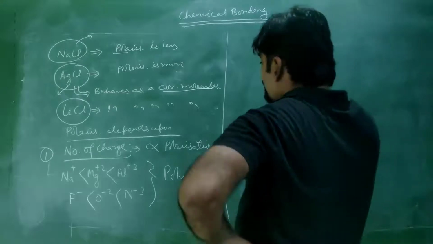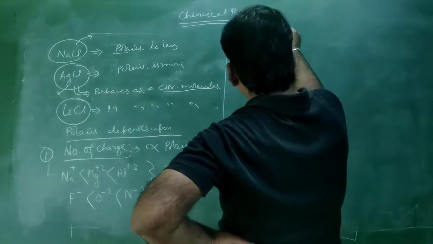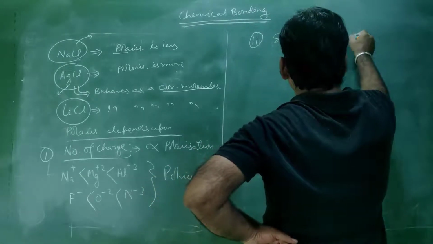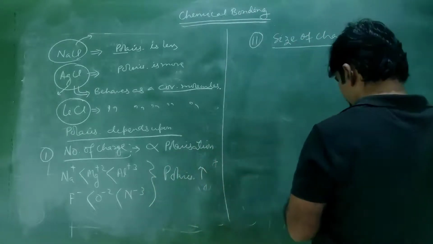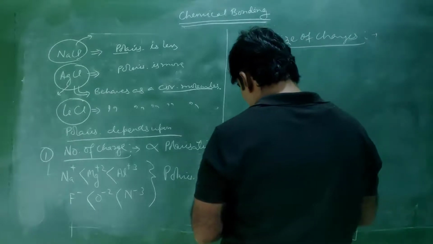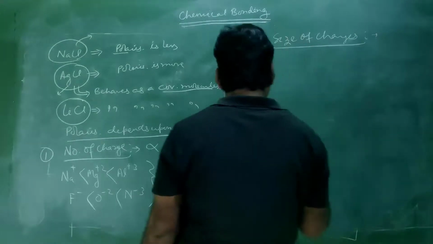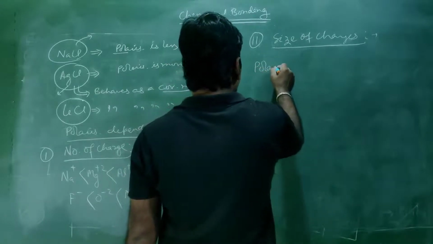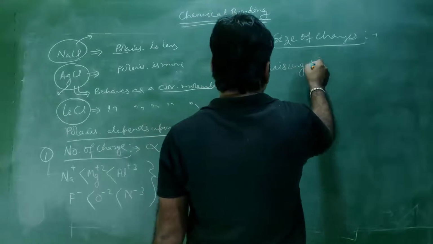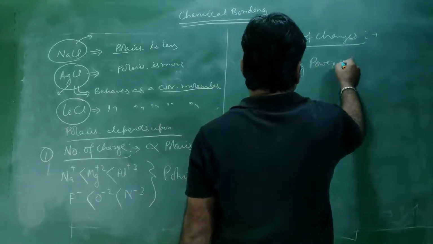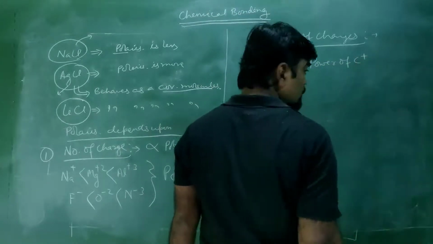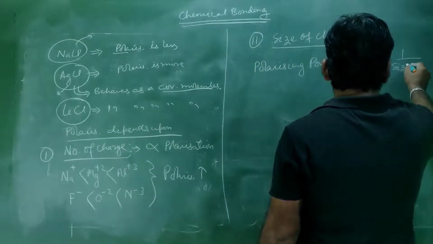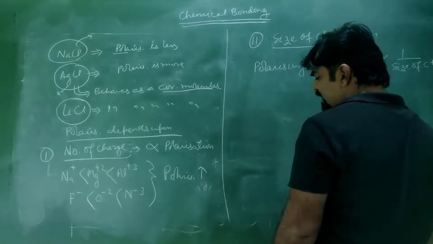Now, the second factor is size of charges. The polarizing power of cation is inversely proportional to the size of the cation.